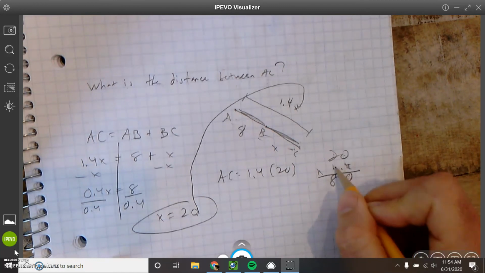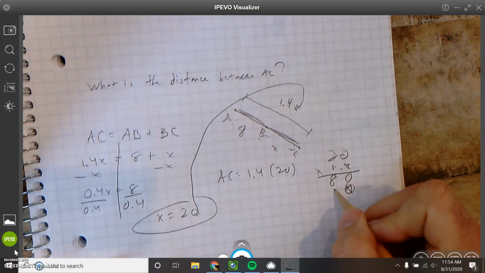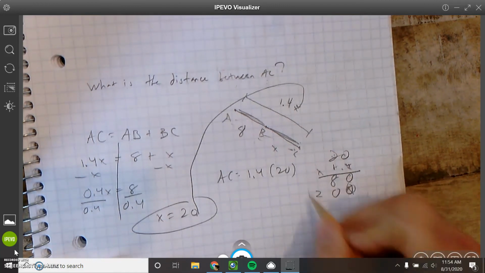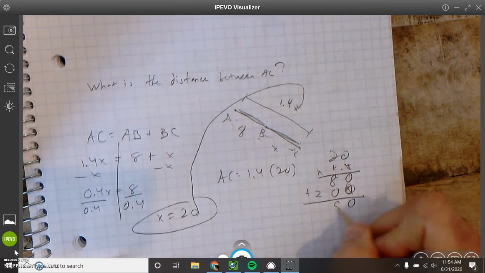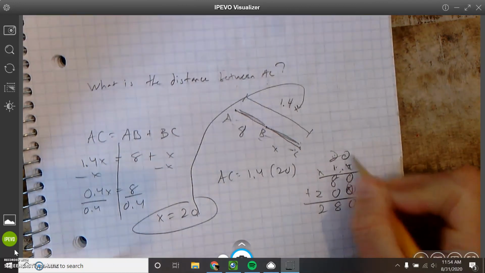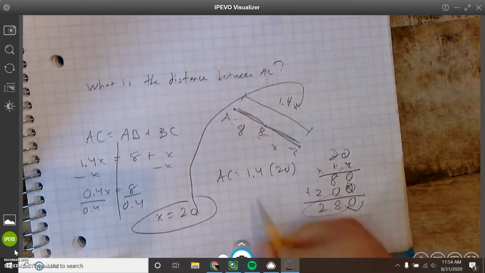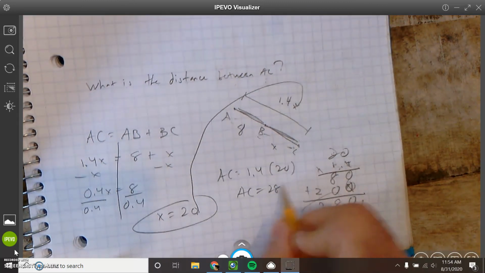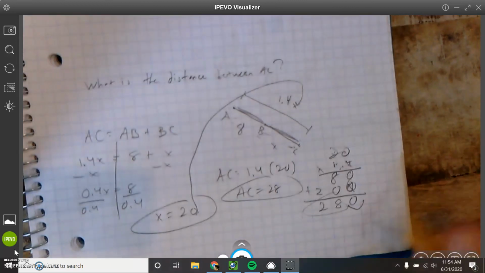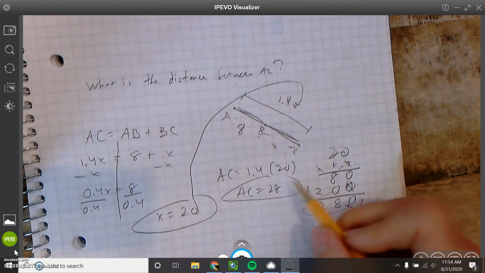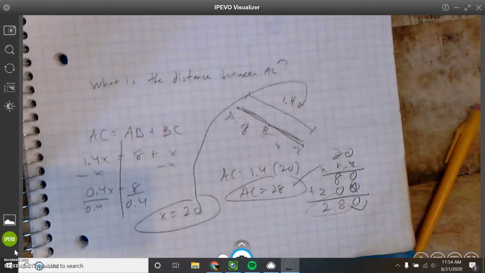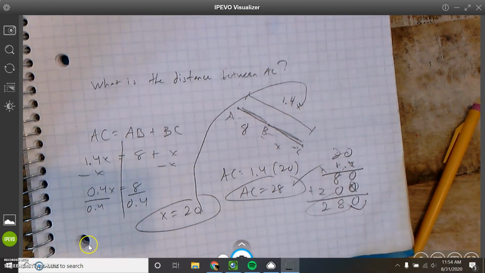Then 1 times 0 is 0, 1 times 2 is 2. Add it up. One decimal place in the question, one decimal place in the answer, and the answer is 28. Of course, you could use a calculator, but sometimes it's just good to practice the regular math. Hopefully you got 28 on that one. Good job, everyone. We're going to do another one in a second.